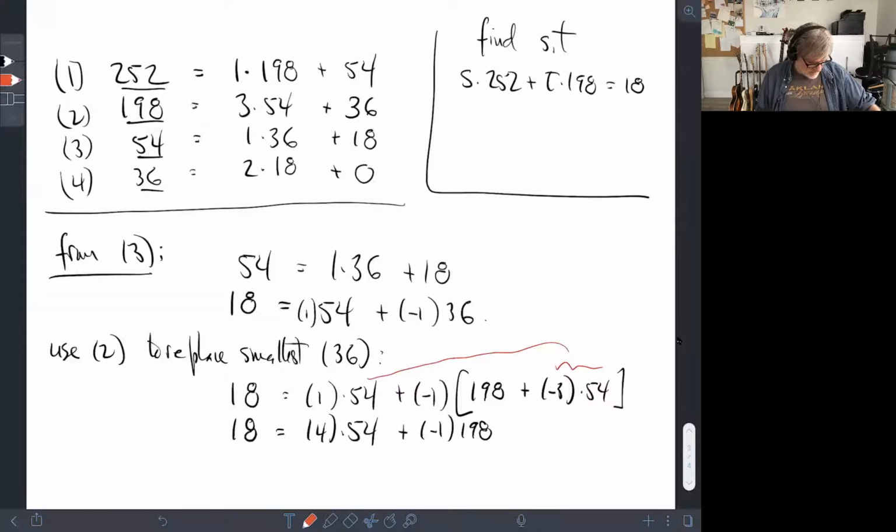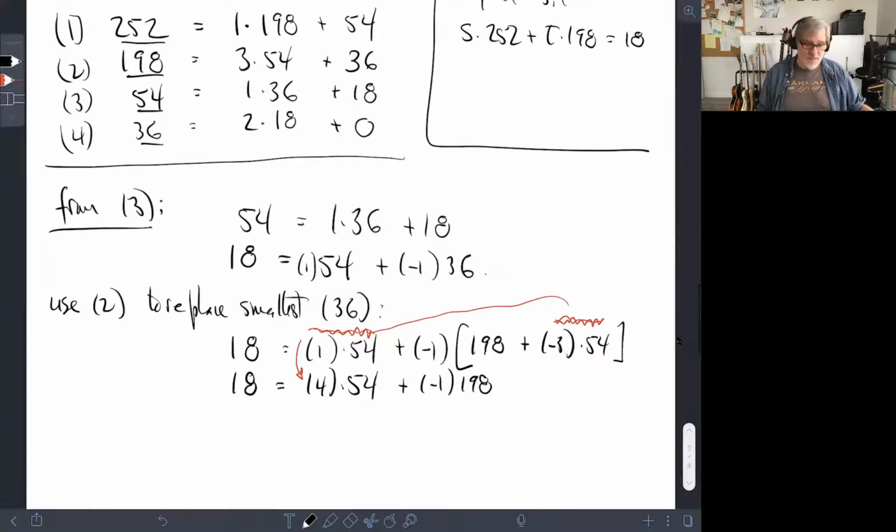I'm combining these to give this, right? Hopefully that makes sense. So 18 is 4 times 54 plus minus 1 times 198.